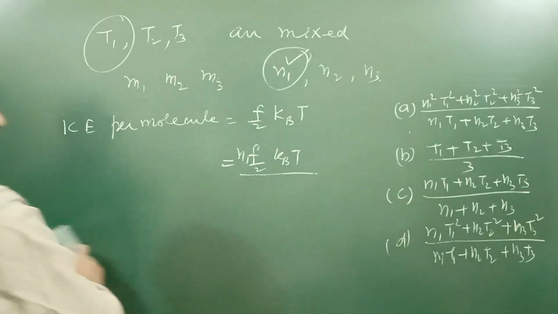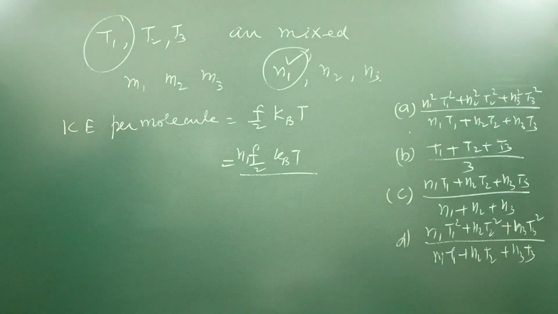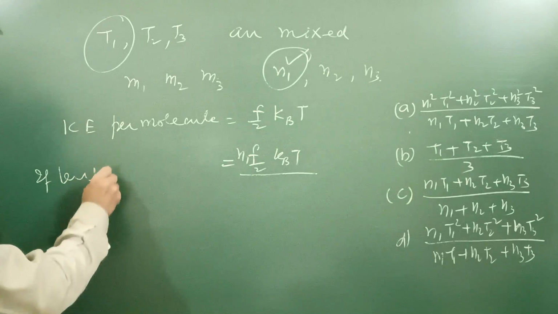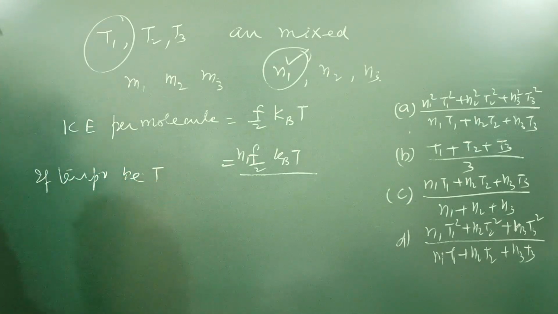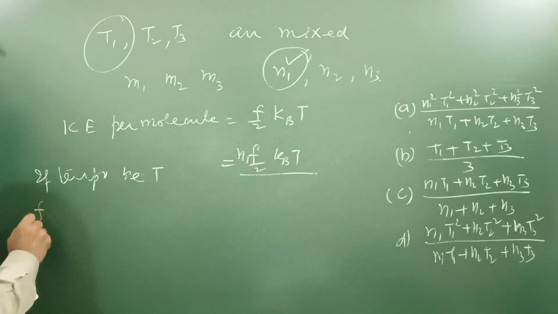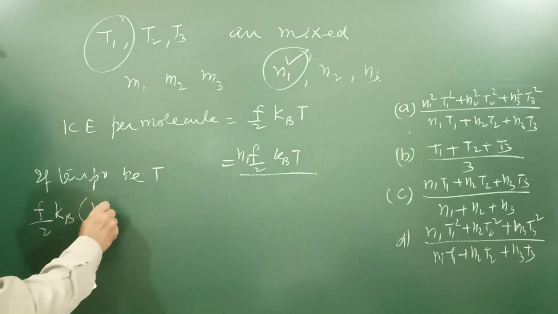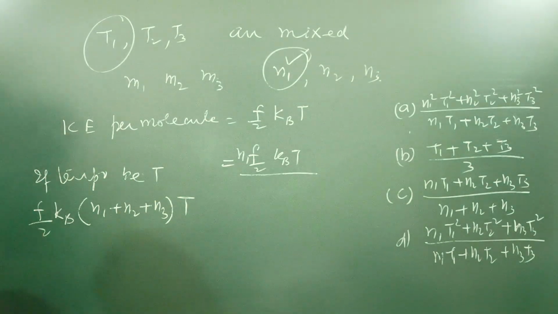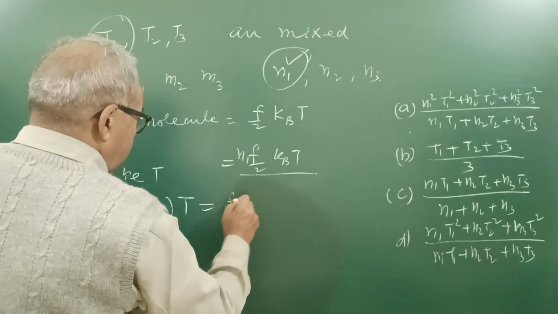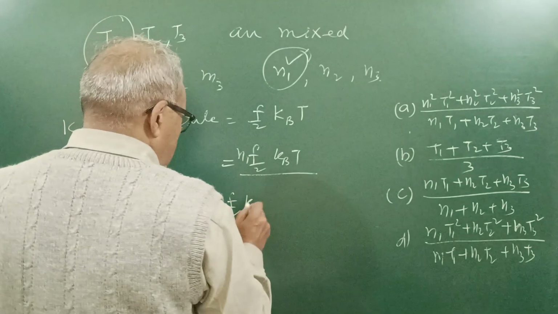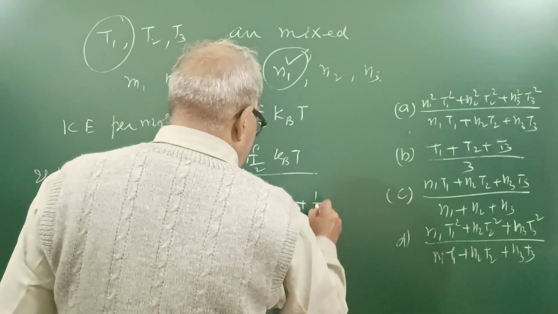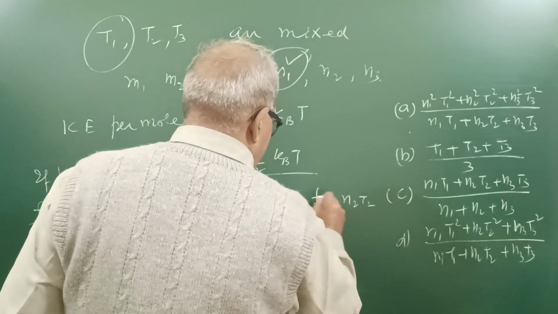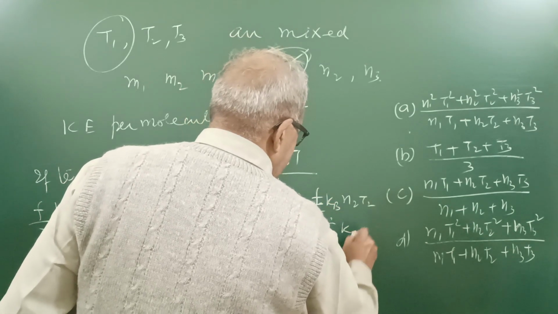Let the final temperature of the mixture be T. Then F/2 kB into N1 plus N2 plus N3 into T will be the total energy of the mixture, and it is the sum of the energies: F/2 kB N1 T1 plus F/2 kB N2 T2 plus F/2 kB N3 T3.